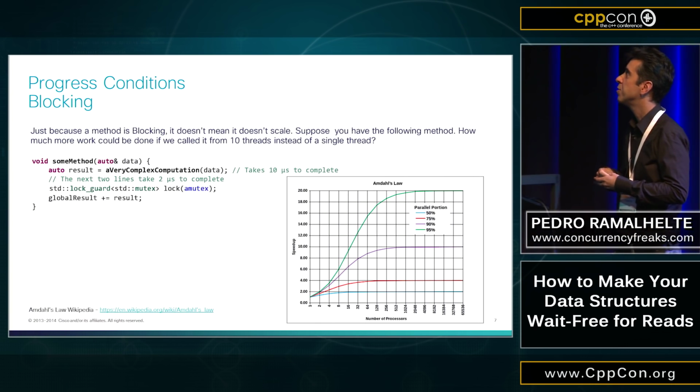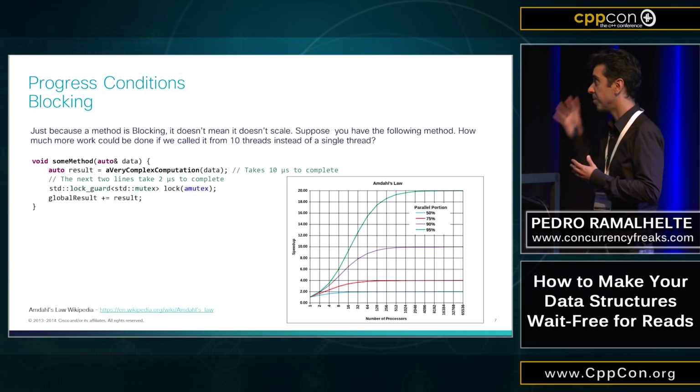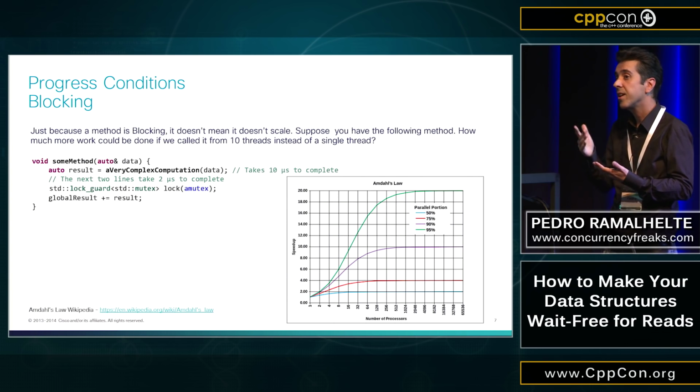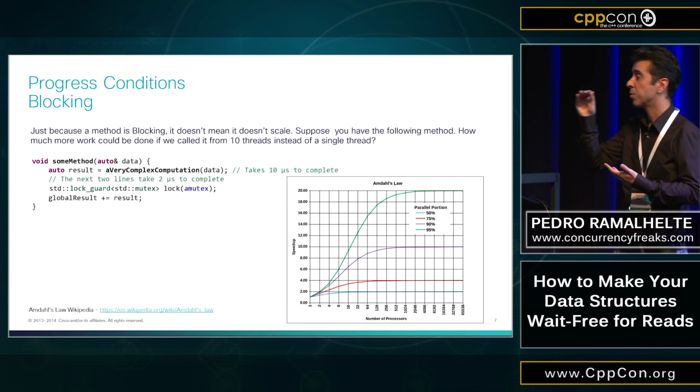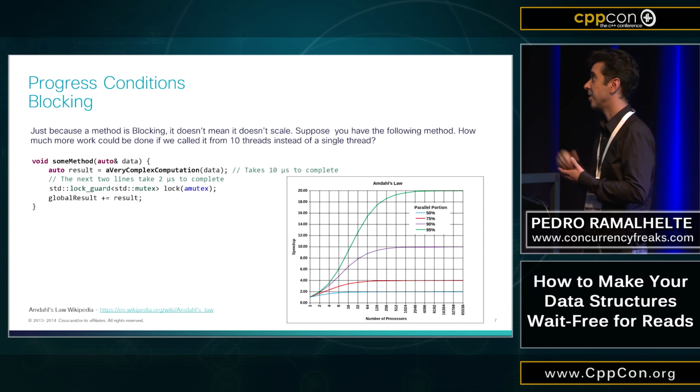So it should be able to scale up to 5 threads, let's say, something like this. I'm not going to go into Amdahl's law, but it's just to show that just because it's blocking doesn't mean it won't scale. It will scale up to a certain point, and then it will reach a plateau, or maybe even start to go down.